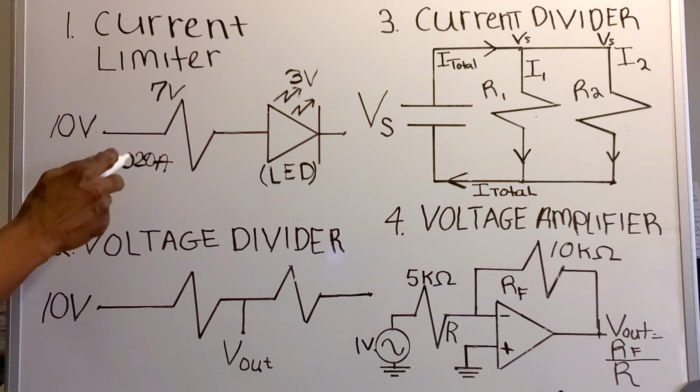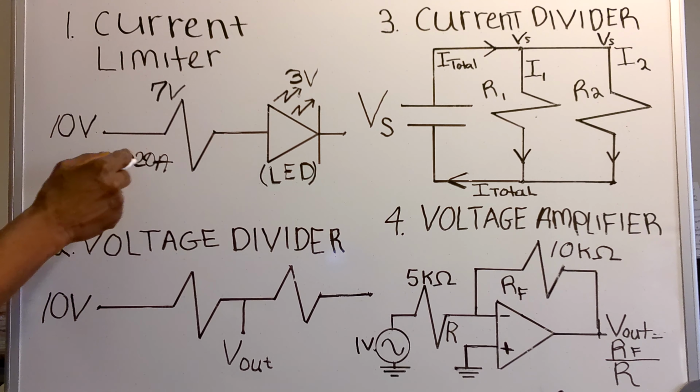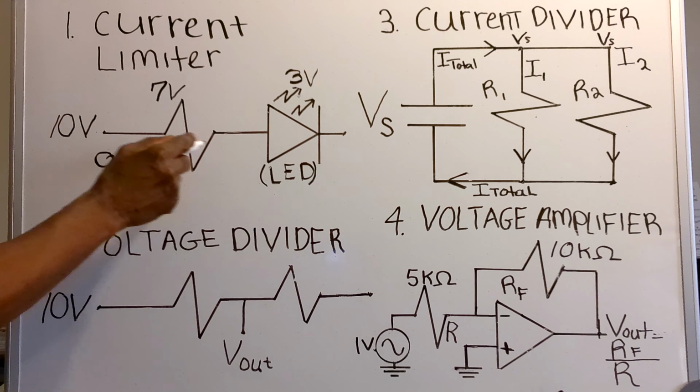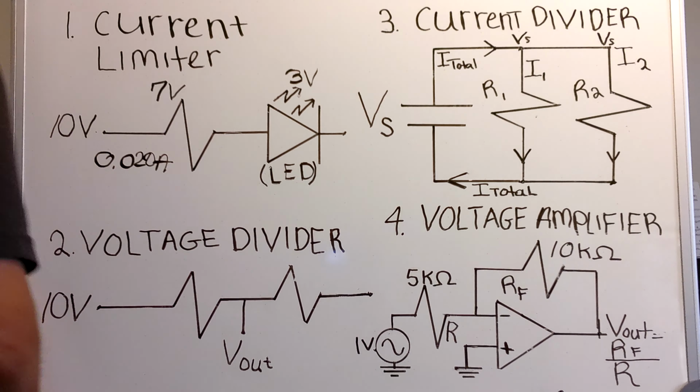What I do is I divide 7 volts by the current that I want flowing through the circuit, which in this case is 0.020 amps.